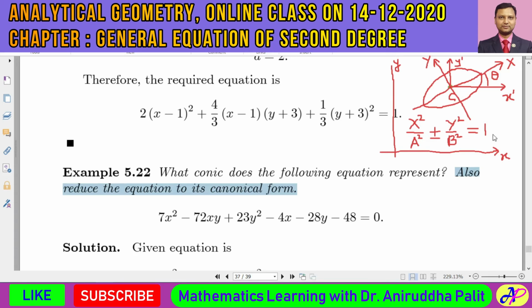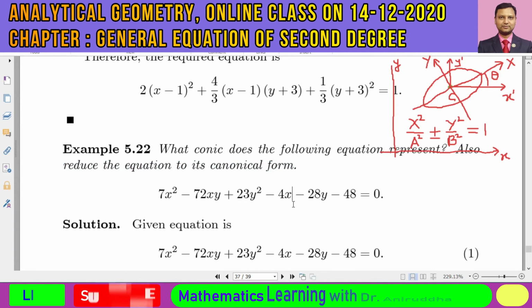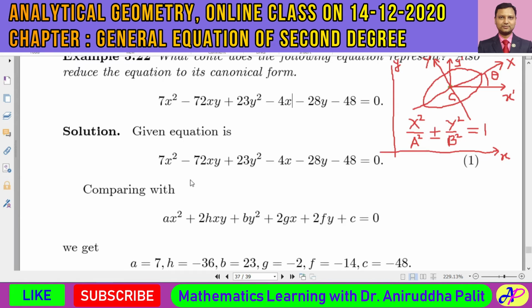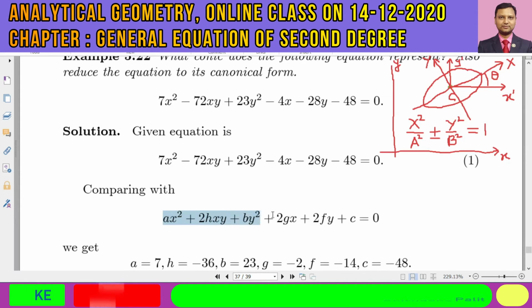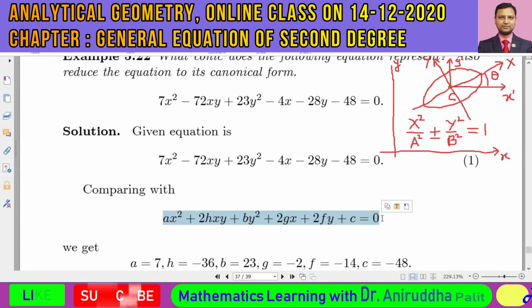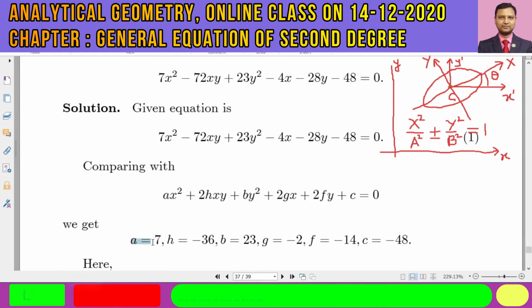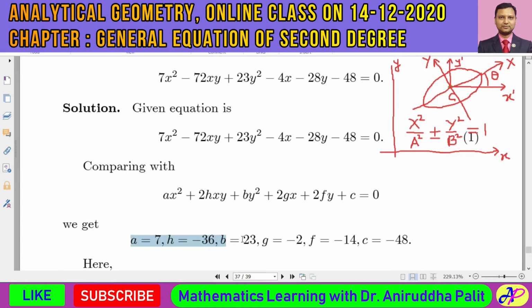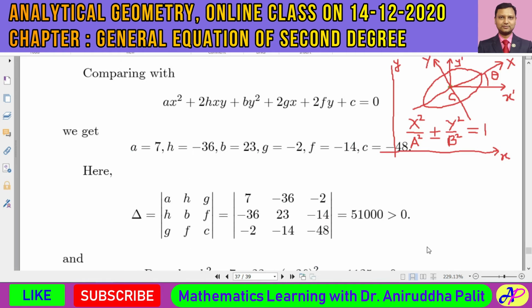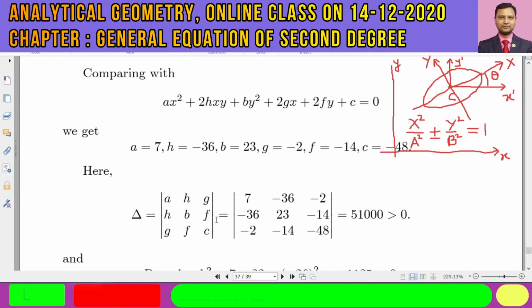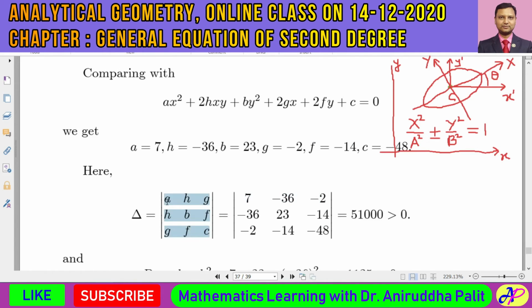Canonical form is this kind of form. All right. So over here, this is the given equation, and we compare this given equation with this standard form of general equation of second degree, and we then identify a, h, b, g, f, and c. Got it? And afterwards, we compute the value of delta.